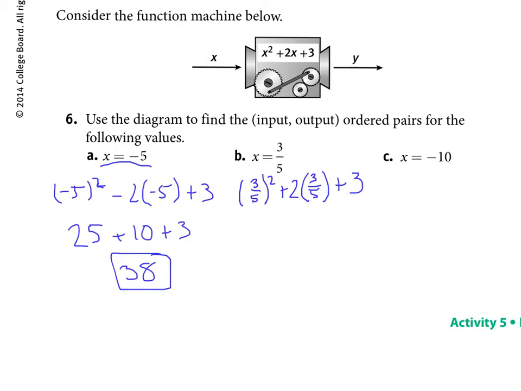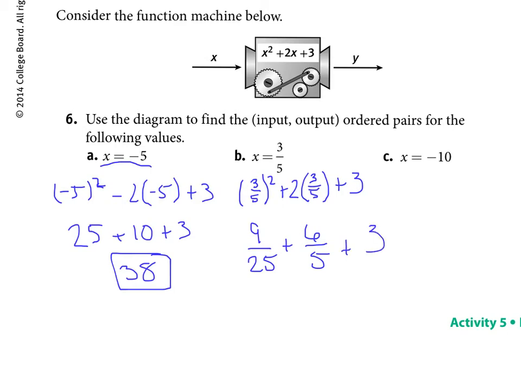So I do 3 squared, which is 9, and 5 squared, which is 25, plus, then you have 2 times 3/5. Remember, multiply times top, divide by the bottom. So 2 times 3 is 6, and divide by the bottom, which is 5. Well, that doesn't go into it, so we leave it as 6/5, and then plus 3.